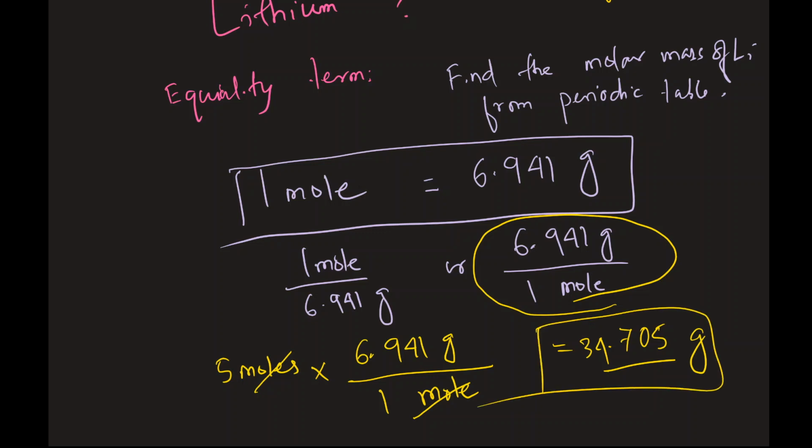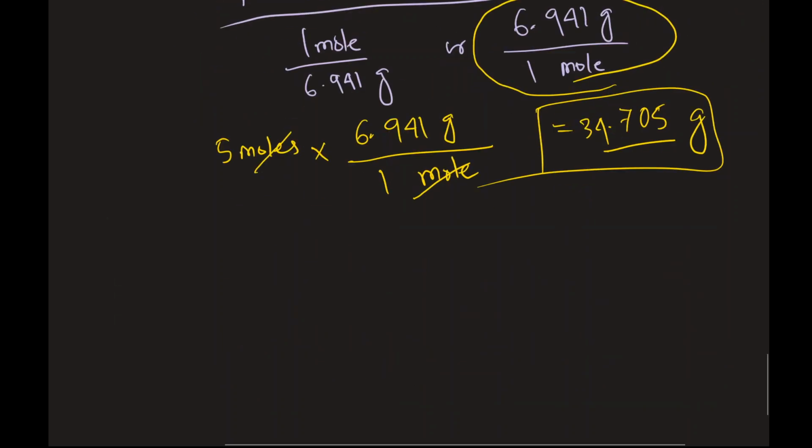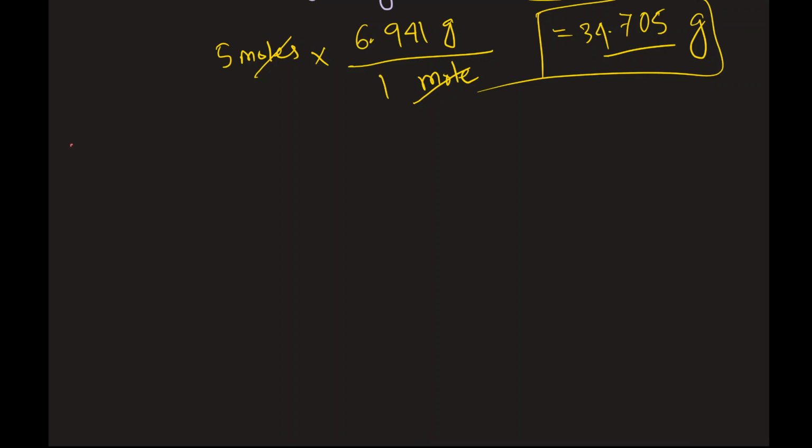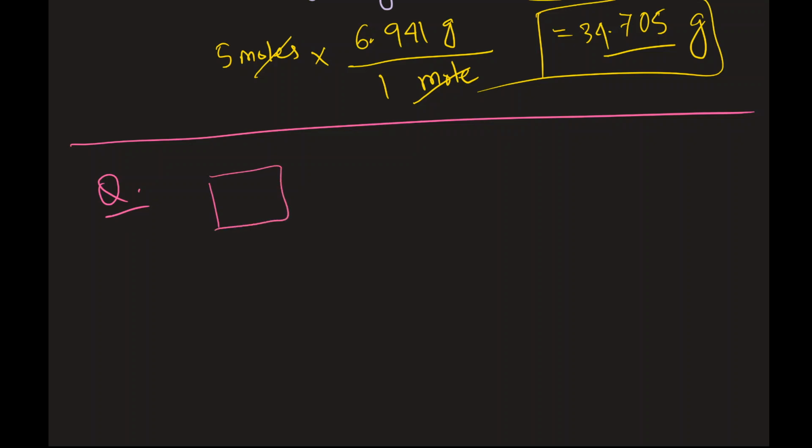That's the answer. All right, so let's do one last problem. You can create a lot of problems. Just put any random number of grams, 10 grams, 12 grams, 30 grams, of a random element, contains blank moles of atoms. That's the question, guys.